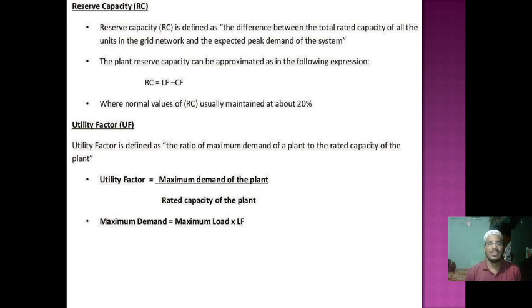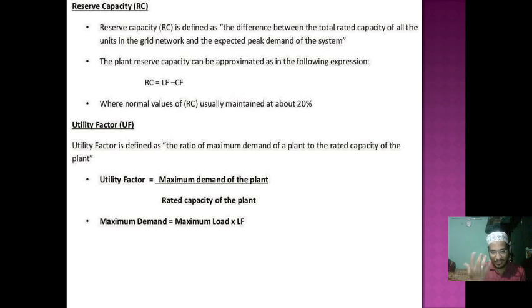What is utility factor? Utility factor is defined as the maximum demand of the plant divided by the rated capacity of the plant. How much maximum demand the plant will take, and how much the rated capacity of the plant will produce.